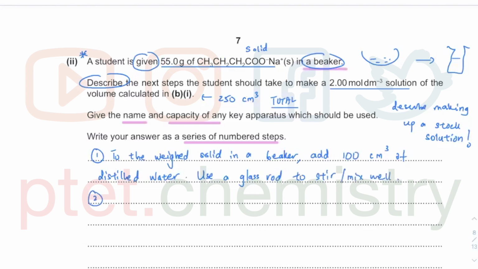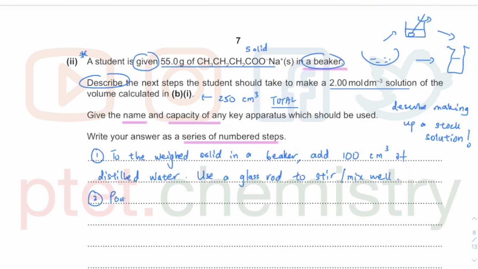So now you have a solution, right? What do you do with the solution? After you stir it, do you wash it? You put more distilled water. But if you put more distilled water inside the beaker, you need to, after you make the solution, put it into the volumetric flask first.